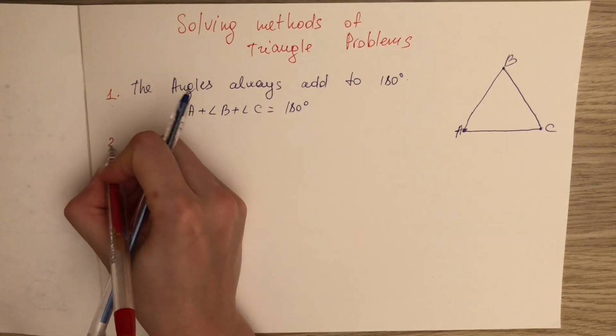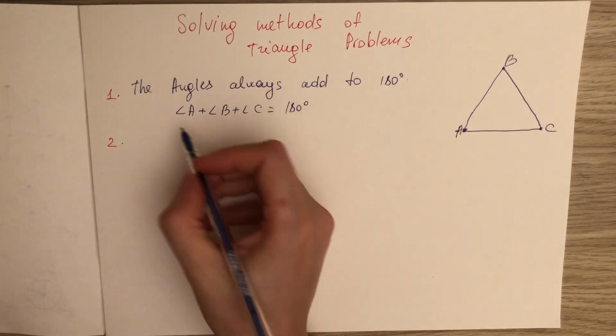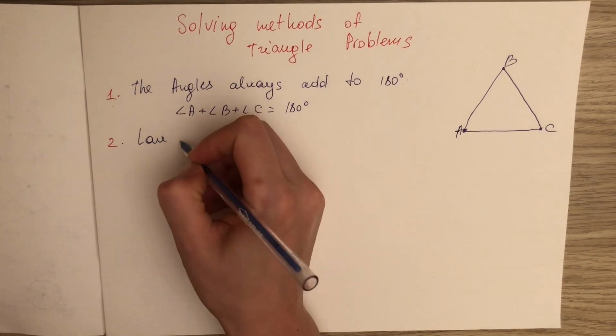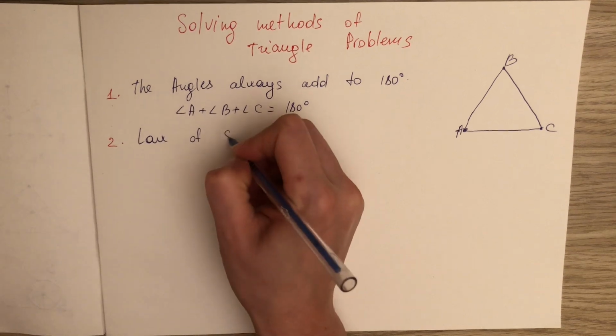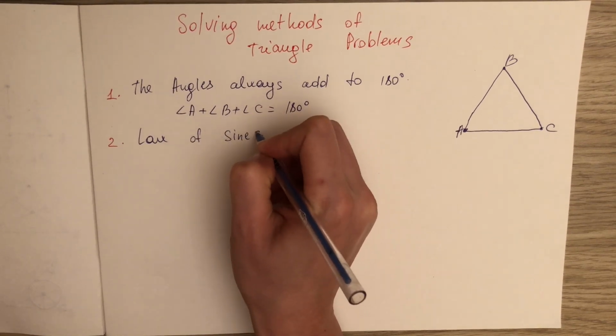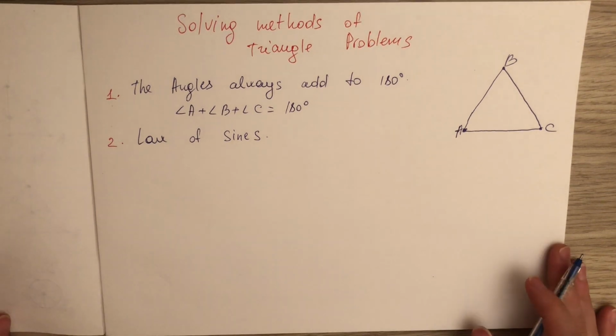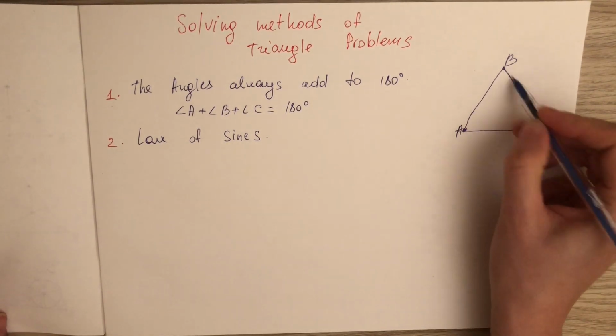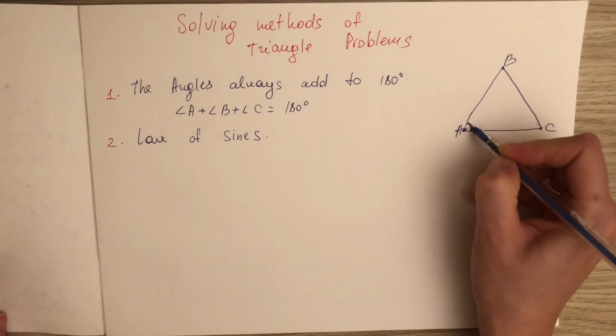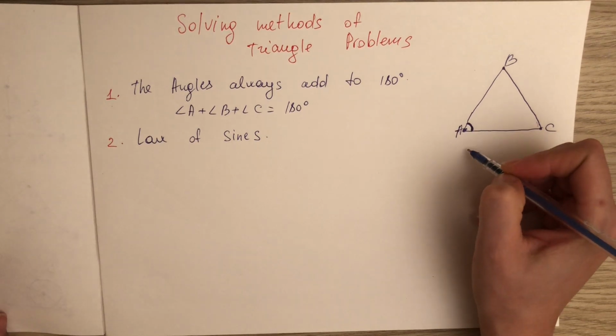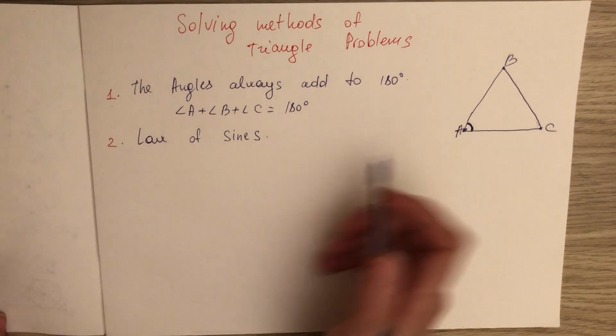Our second tip is the law of sines. It means that when there is an angle opposite a side, and the angle opposite another side, these equations come to the rescue.